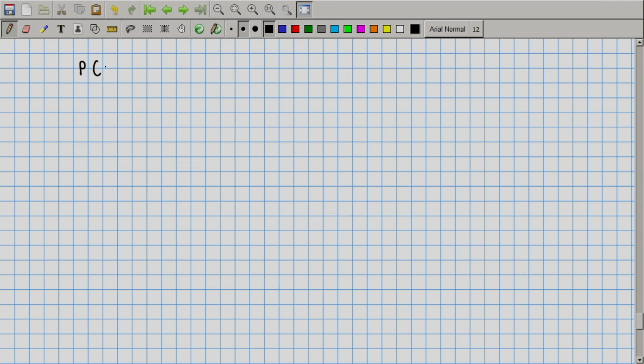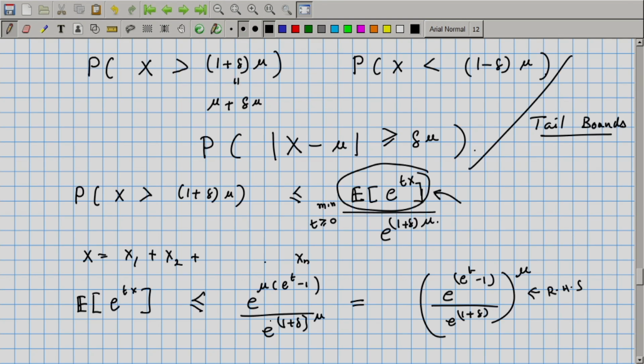So, the probability that x is greater than 1 plus delta times mu, we have shown, is less than or equal to e raised to mu times e raised to t minus 1, divided by e raised to t times 1 plus delta, the whole raised to mu. Sorry, there is a t here.